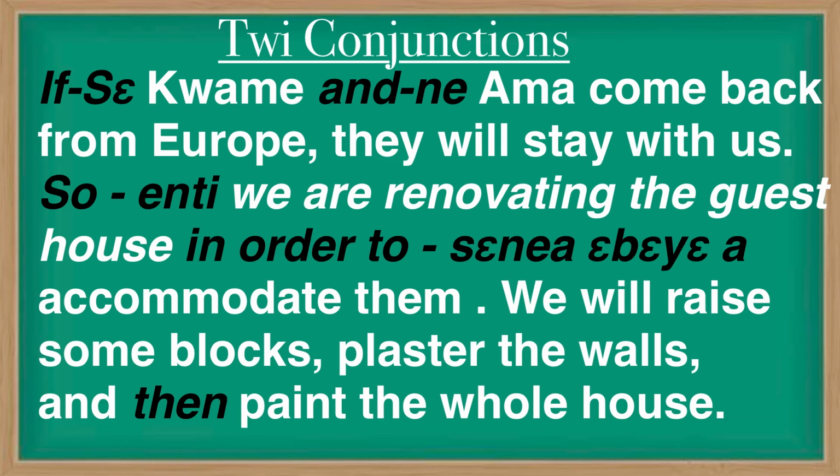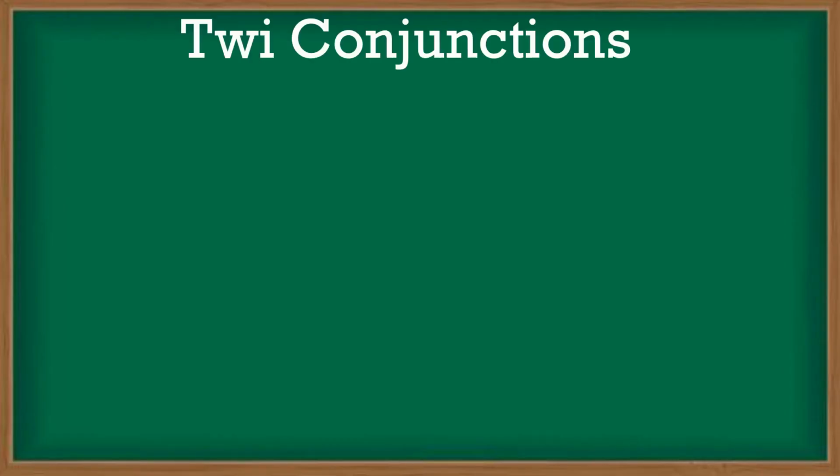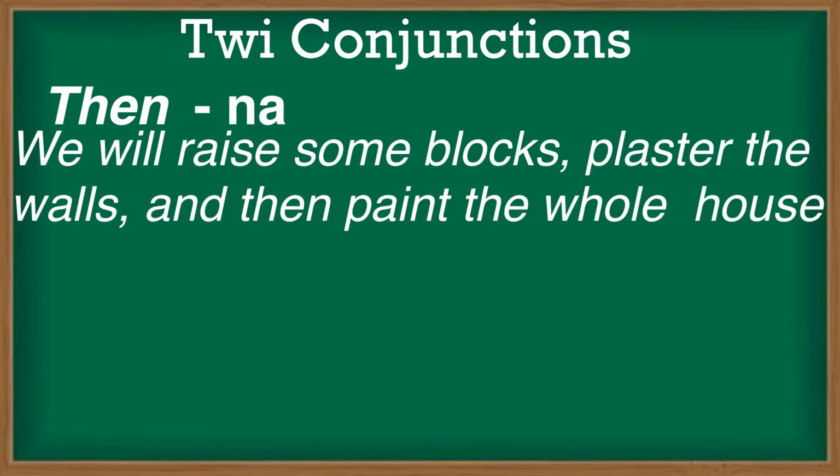Good. The final sentence in the paragraph, we said we will raise some blocks, plaster the walls, and then paint the whole house. First of all, let me tackle then. Then in Twi we will say na.